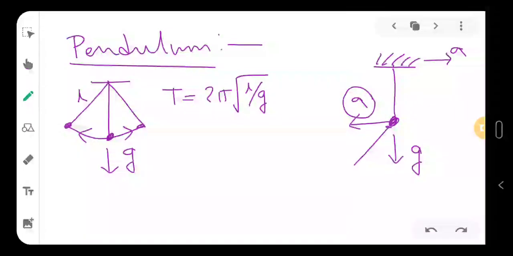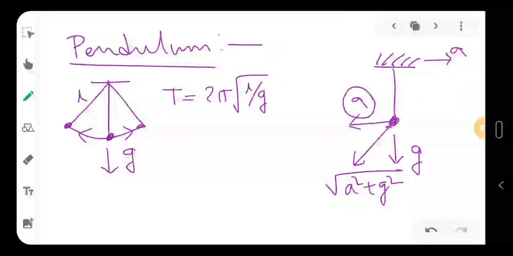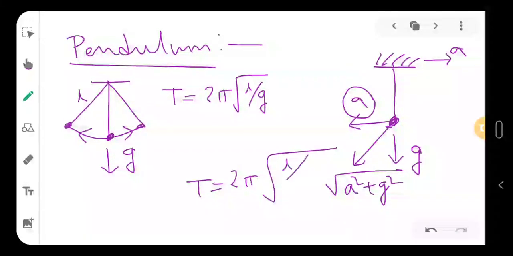The accelerations are vector quantities, so we have a resultant acceleration. For this kind of perpendicularly acting accelerations on the pendulum, we will have a different formula for our T, and that will be T equals 2π times root of L by root over a square plus g square.